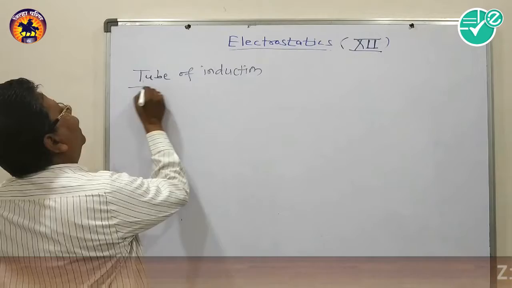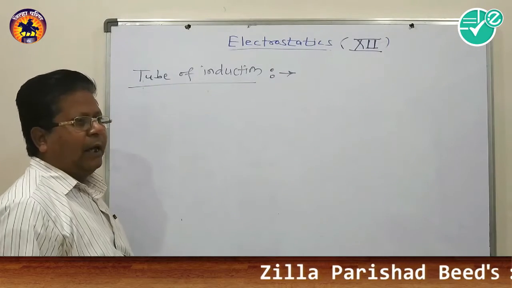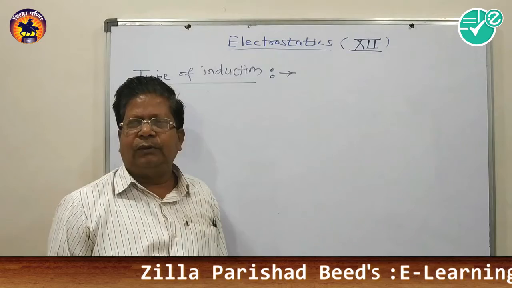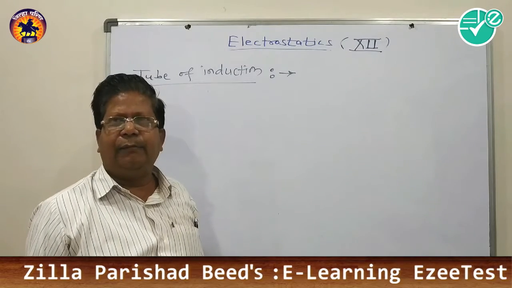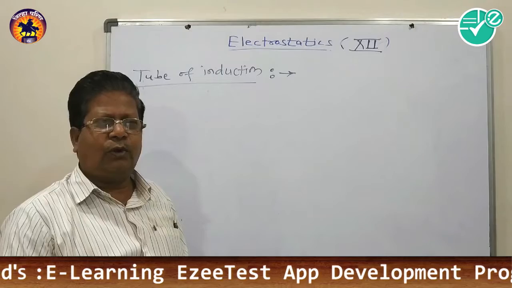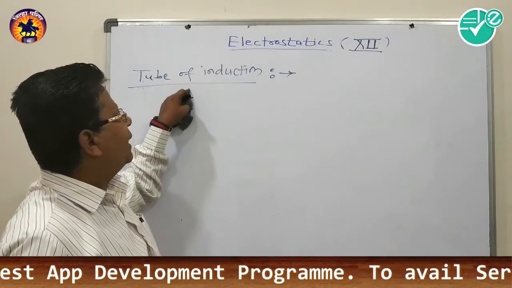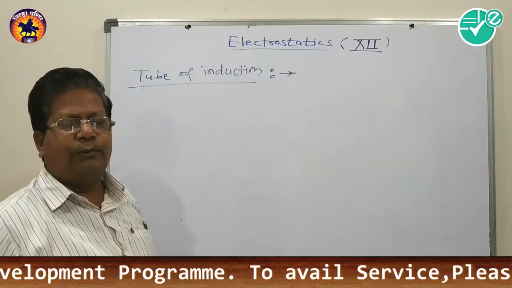What do we mean by tube of induction? In case of tube of force, if the charge is situated in a medium and that medium is changed, the number of tubes of force goes on changing. To avoid this, Faraday introduced the concept of tube of induction.